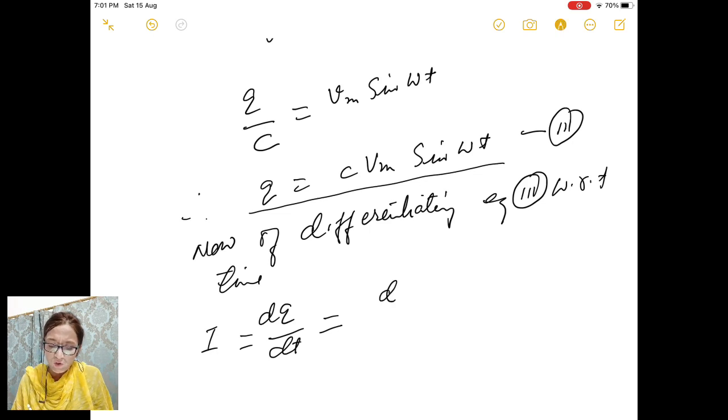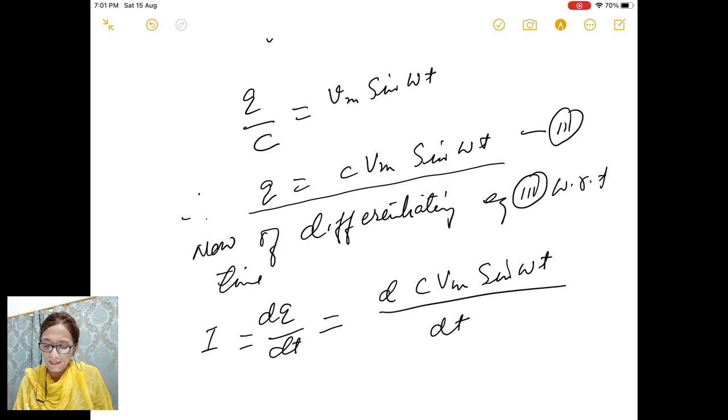This is equal to d CVm sin omega t by dt.